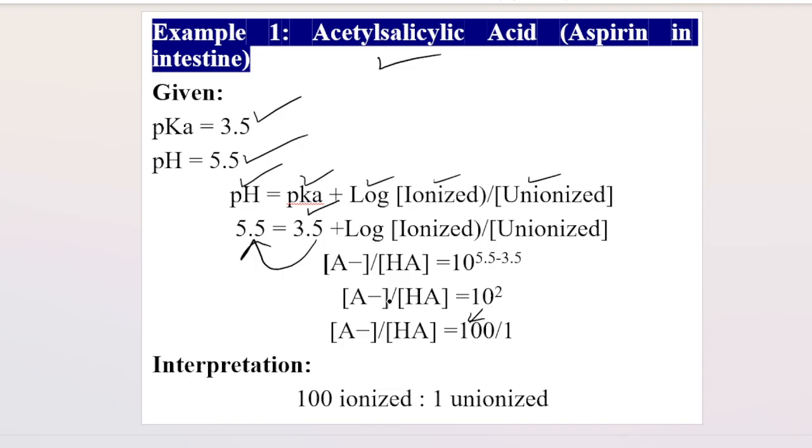It means the ratio between the ionized and the unionized form of drug is 100 divided by 1, where the numerator is for the ionized and the denominator is for the unionized.